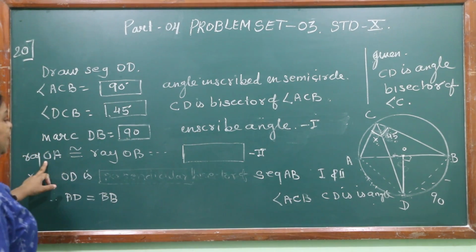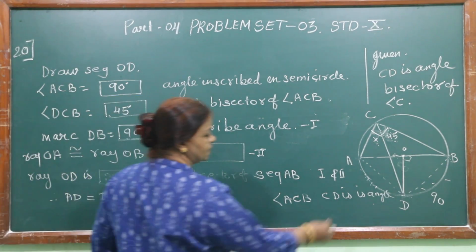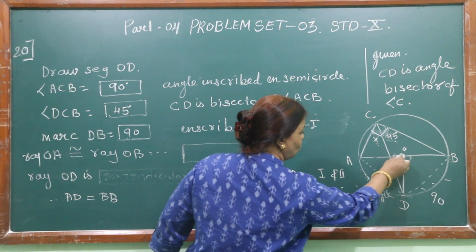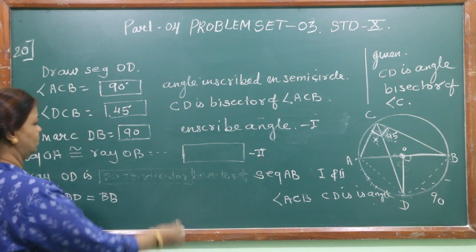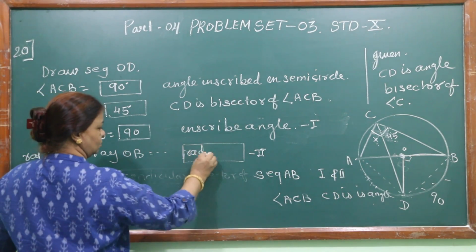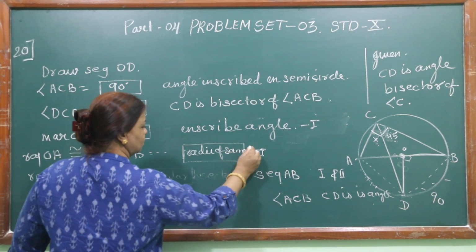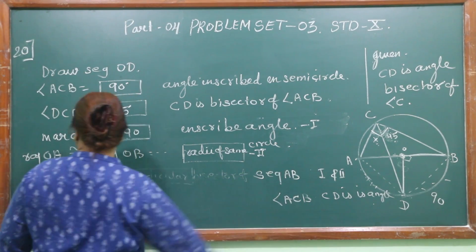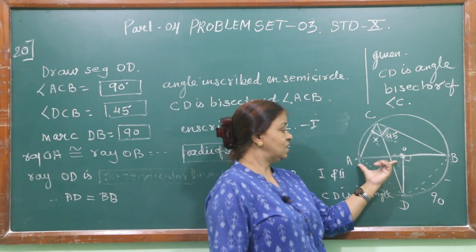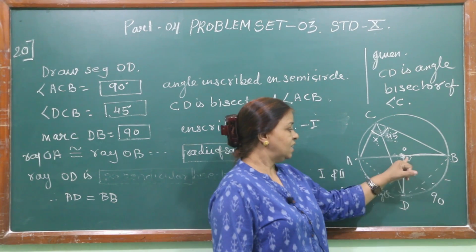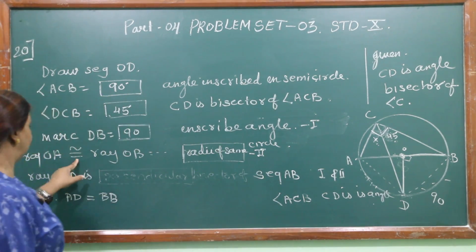Okay. Now ray OA is equal to ray OB. See, this is the center, so OA is equal to OB, radii of the same circle. Now, there has to be one point here.